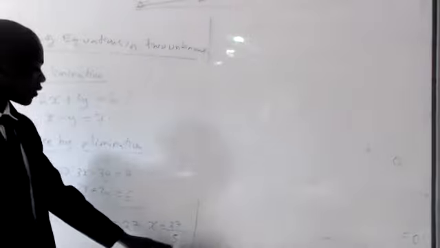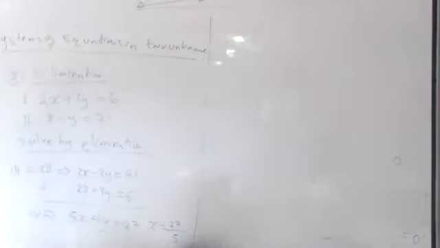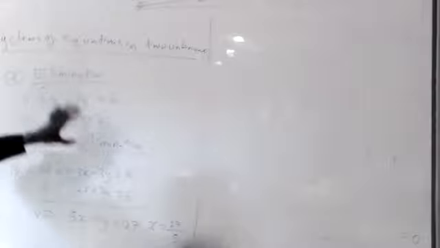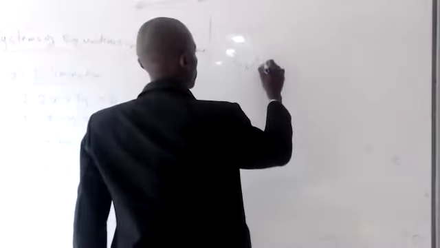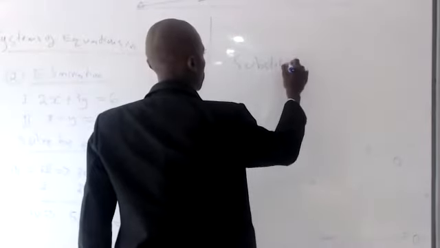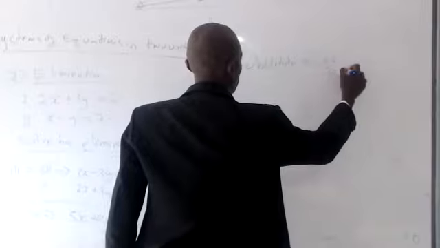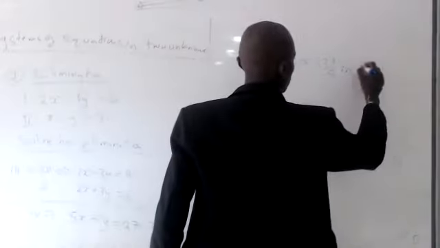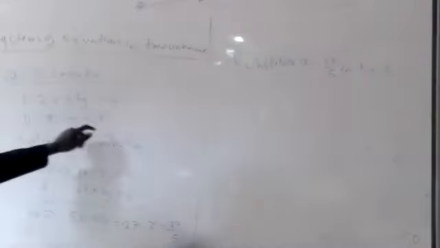So we first have x is 27 divided by 5. That is the first unknown which we have obtained. Now we can substitute this in any of these two equations. Substitute x is 27 over 5. Equation 2 will be fine. Equation 2 is x minus y is 7.